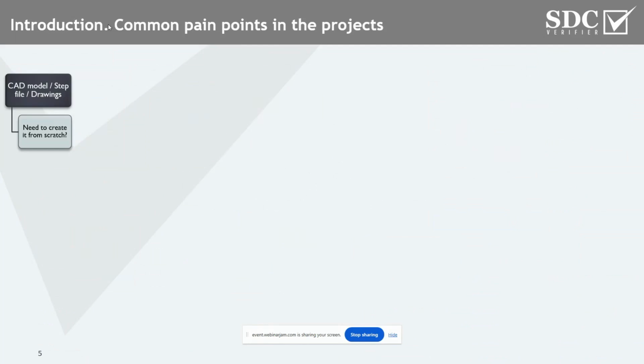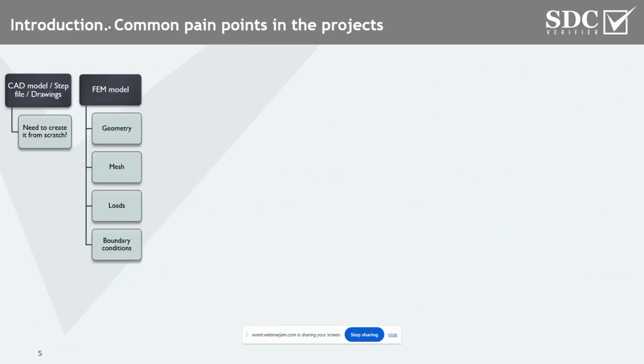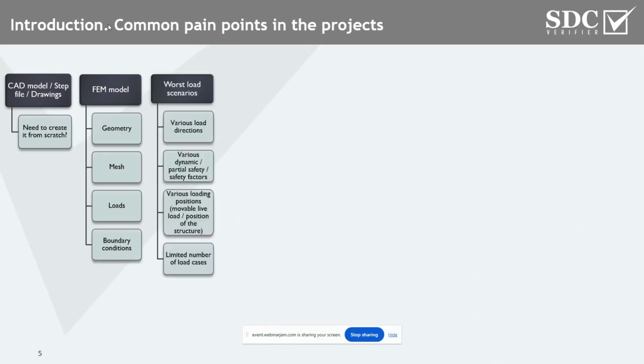After you have this model and you want to calculate it, typically you create a finite element model, and this step involves some sub-steps. You start from geometry, meshing, loads, boundary conditions, all these kinds of things. And this is just the beginning, because then you have to consider worst load scenarios using some typical standards.